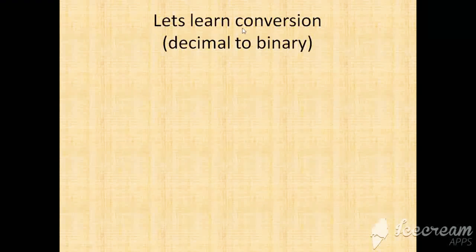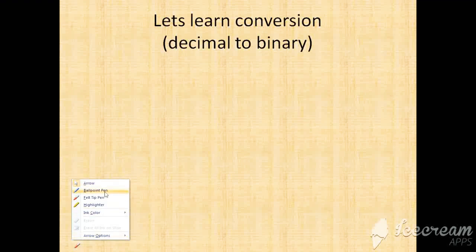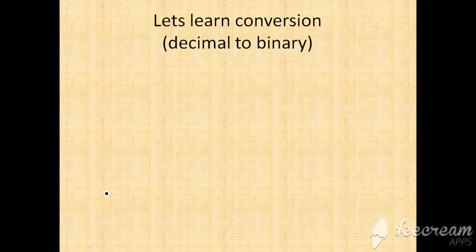Now we will do some conversions, decimal to binary. Let's learn some conversions that we have already done, but from your comments I realize that conversion is a little bit tricky for you. Although it's not tricky, it's very easy once you get it. So I will convert 63. 63 is a decimal number.